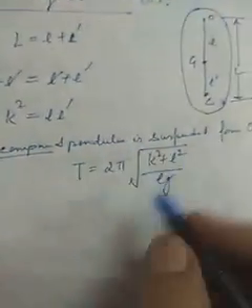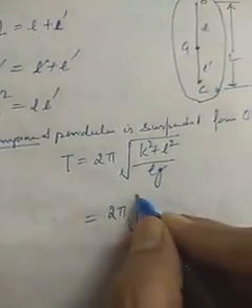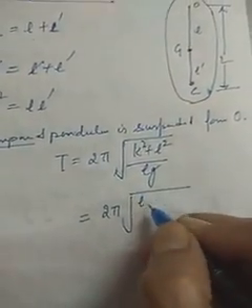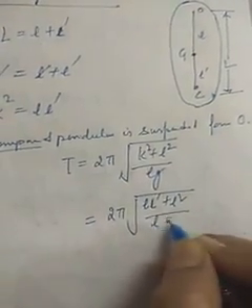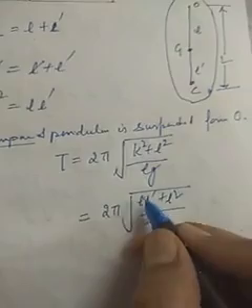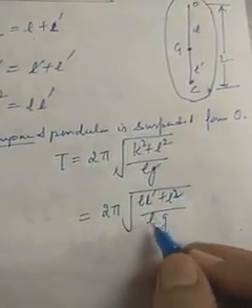Substitute for k square equals l into L prime here. It is 2 pi square root of l into L prime plus l square divided by l into g. Take l common in the numerator, that l cancels with the small l.